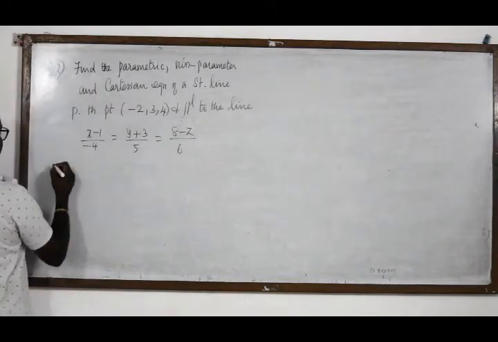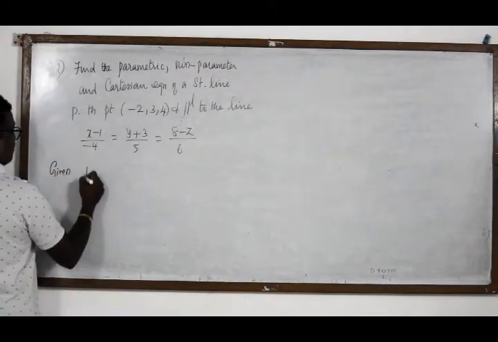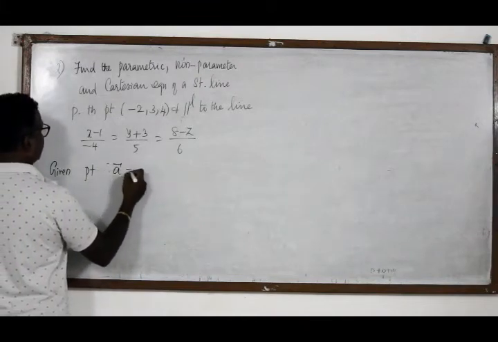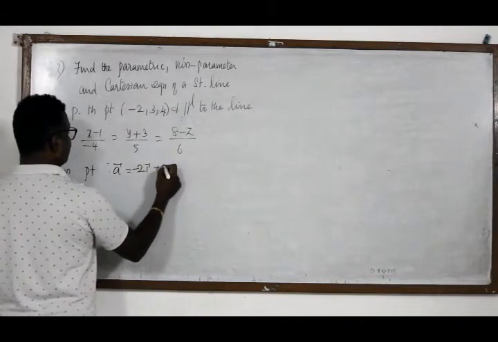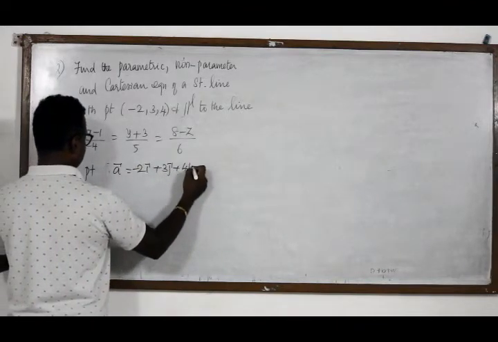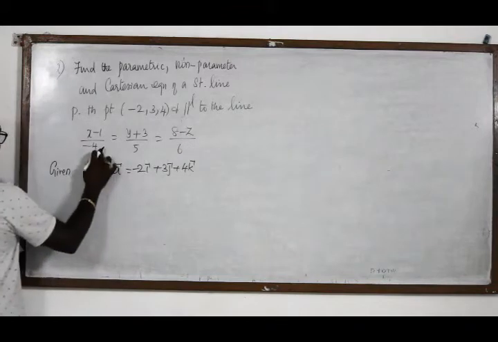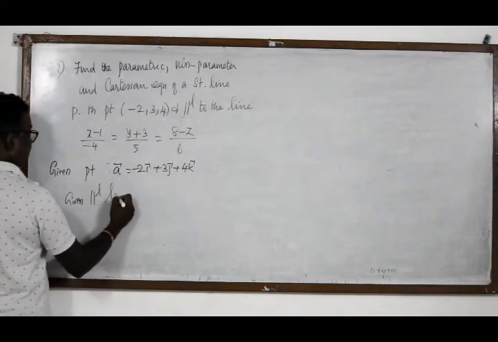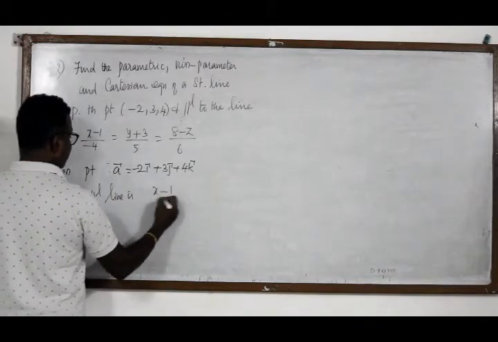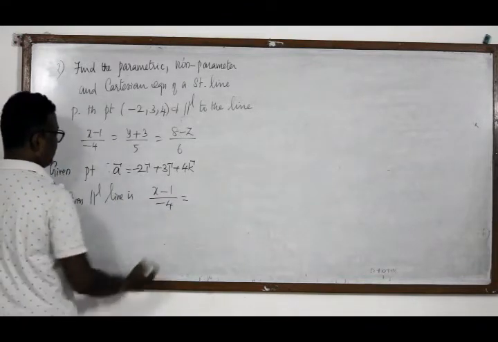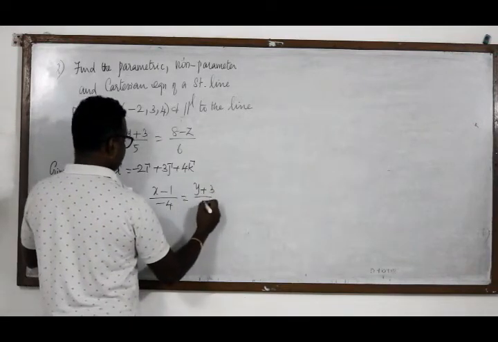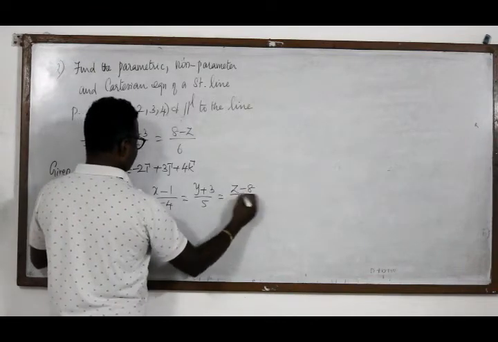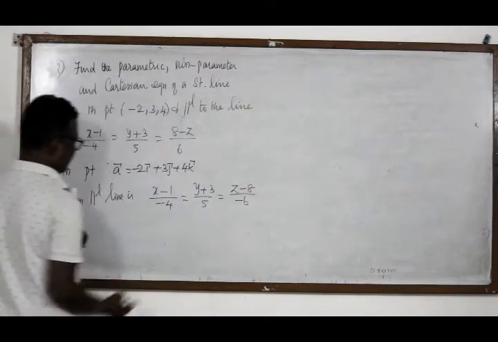Now, let me take the given passing through point as point A vector, which is minus 2i plus 3j plus 4k. Now the line is parallel to this given line: x minus 1 by minus 4 equal to y plus 3 by 5 equal to, if I take the minus sign, plus z minus 8, the sign will go to the denominator.